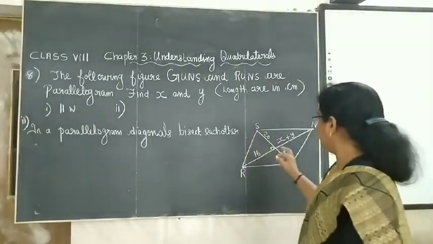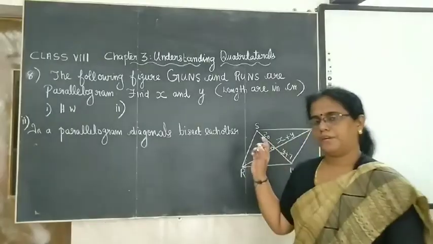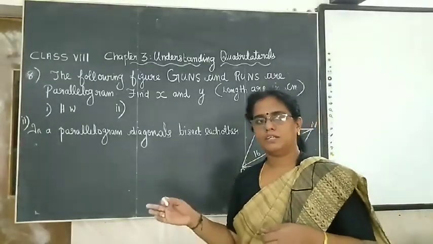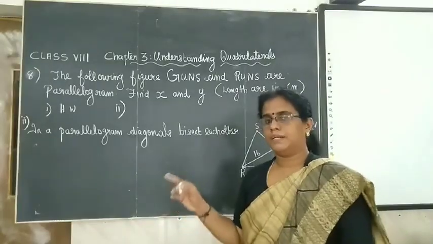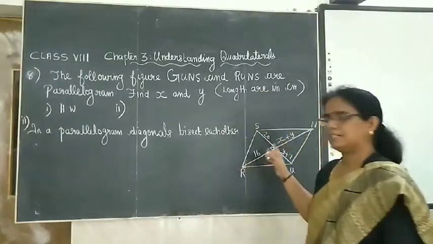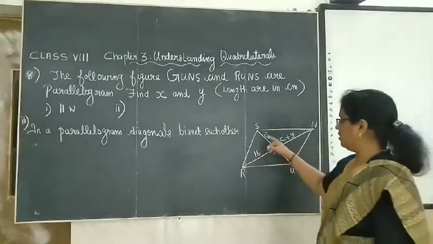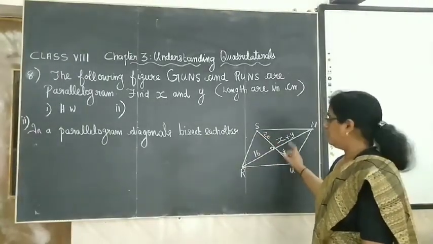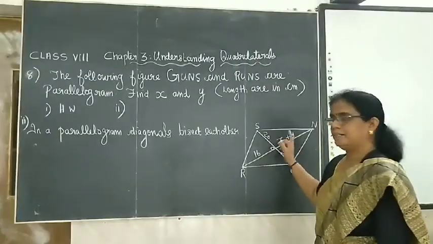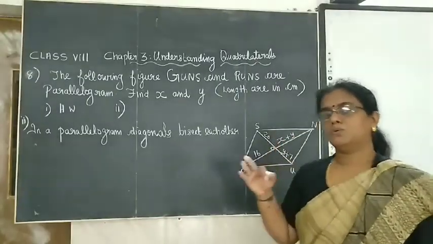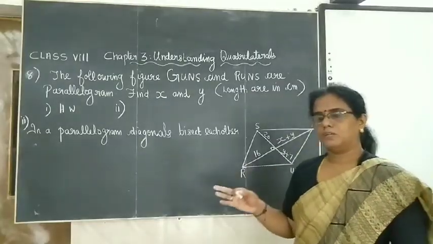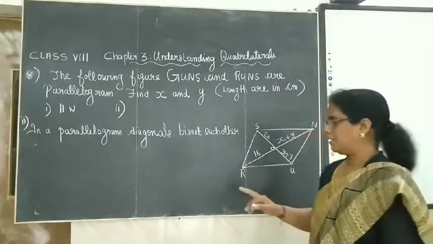Now we have to find x and y. Here the properties of the parallelogram are used. In a parallelogram, diagonals bisect each other. That is, the first diagonal divides the second diagonal into two parts. Bisect each other means divide into two equal parts.